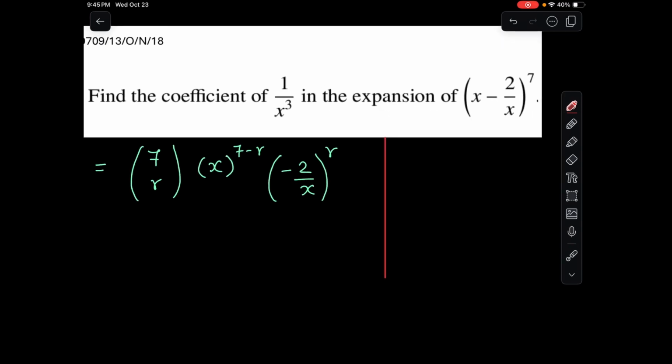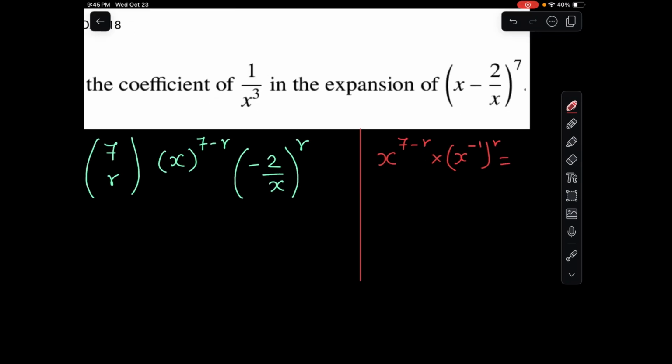So we are having x to the power of 7 minus r times this x, which is in the denominator with power 1. So if you take it in the numerator, it's going to be minus 1 to the power of r, is equal to x to the power of minus 3, because the 3 is in the denominator here.